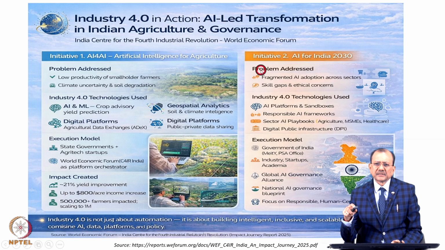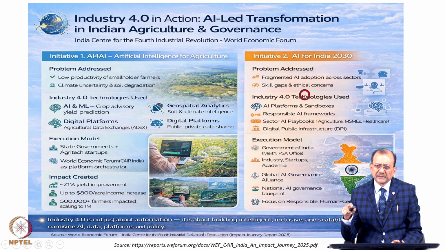The second initiative is AI for India 2030. Here the Government of India has taken multiple AI initiatives for many industries. This is listed in this study as fragmented AI adoption.